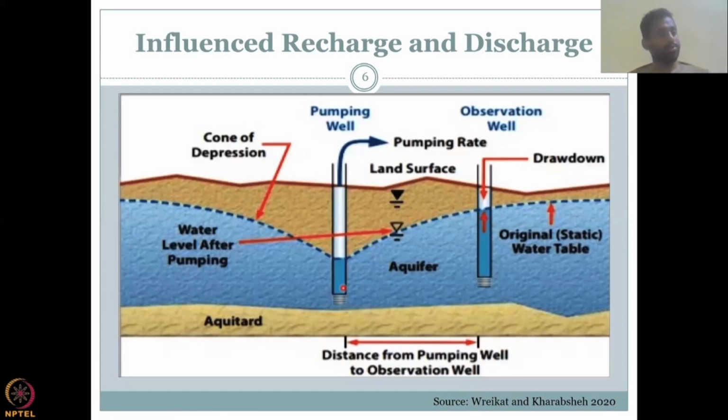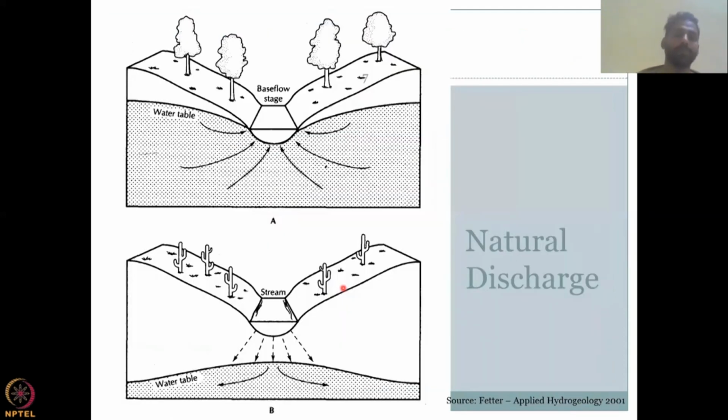It's not like one village recharges and all the villages around it will recharge. No, because it is very slow. However, pumping is a very fast rate, and when you pump, you indirectly influence the neighboring wells and pull out the water. That is your influence on discharge and recharge because of anthropogenic stresses or actions.